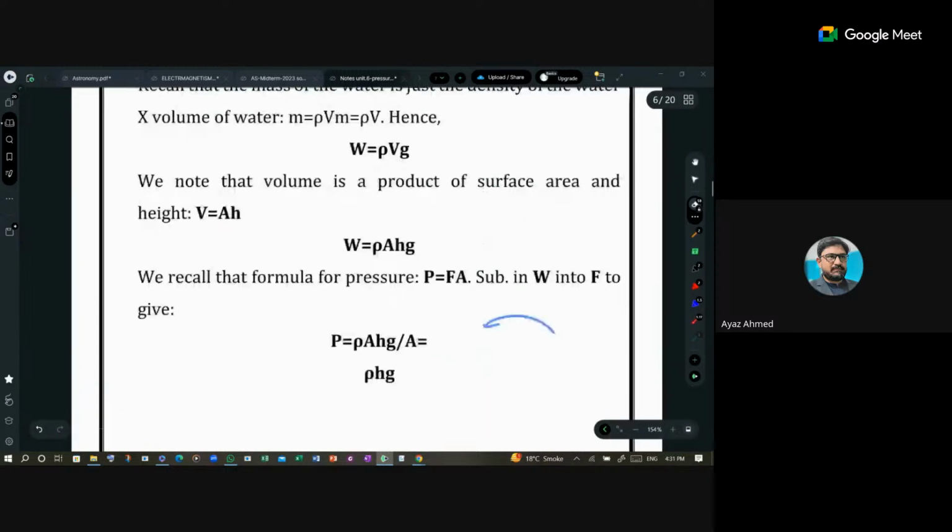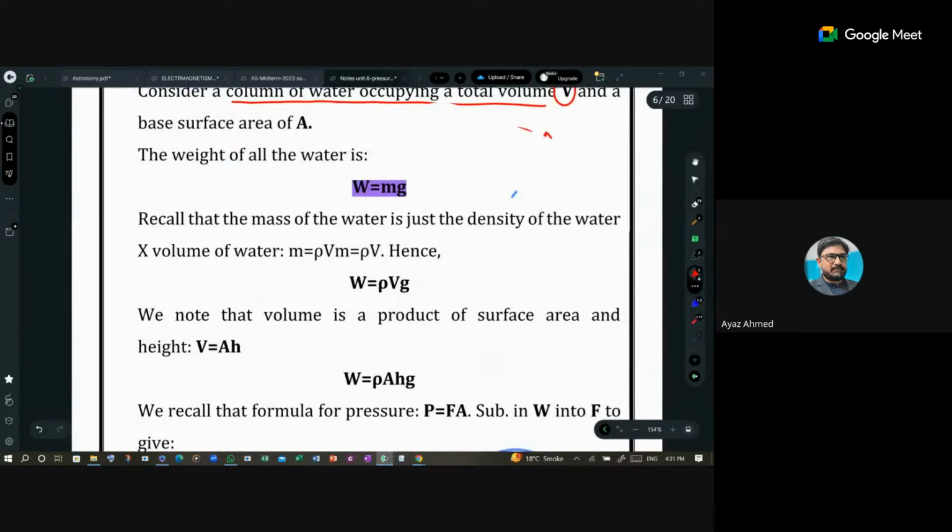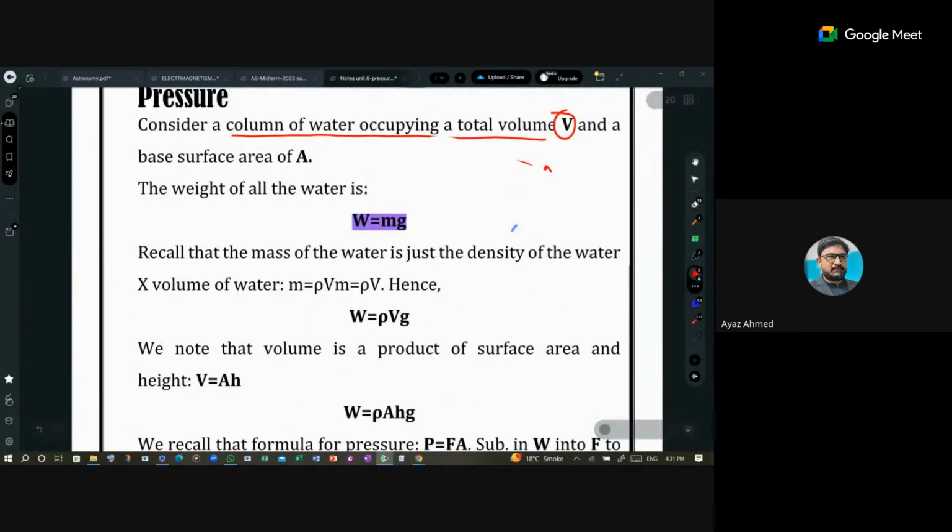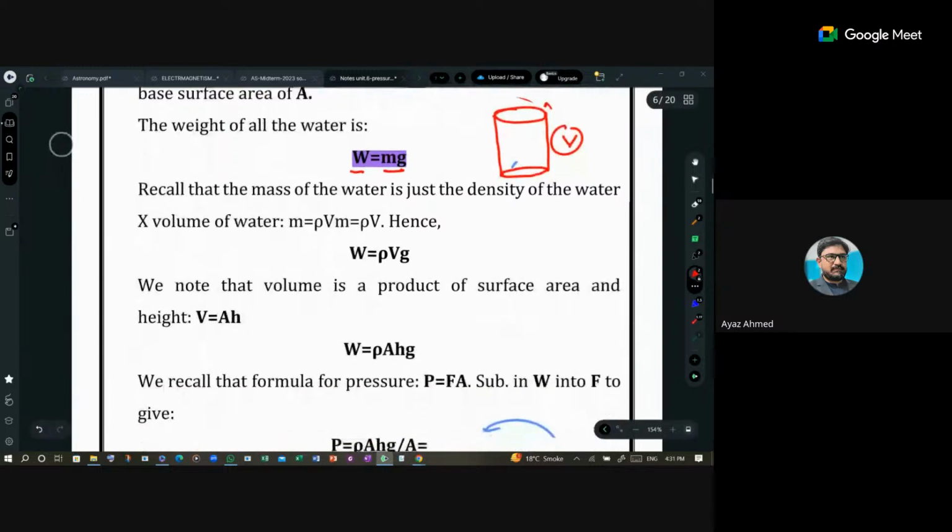For example, consider a column of water occupying the total volume V. Let's say this is the water column, filled in a container, and its total volume is V, and it has weight W, and I say that W is equal to mg.